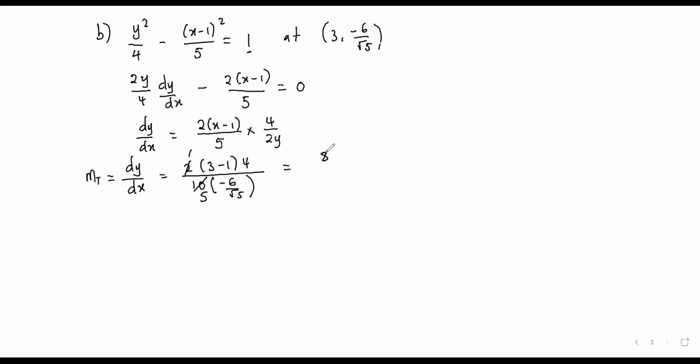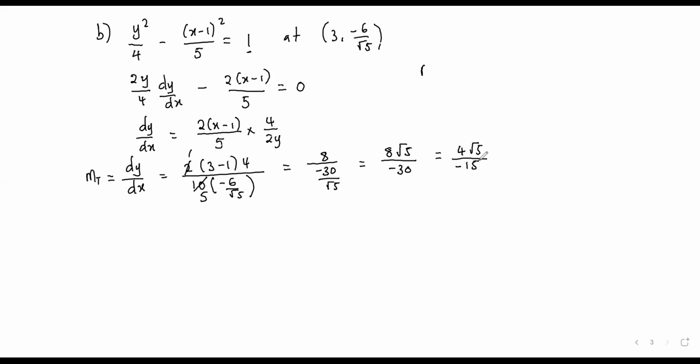So we're going to have 8 over minus 30 over root 5, which you can write as 8 root 5 over minus 30. I think you can simplify a bit. 2 can go in both. 2 can go in 8 4 times, 2 can go in 30 15 times. So that is the m tangent.